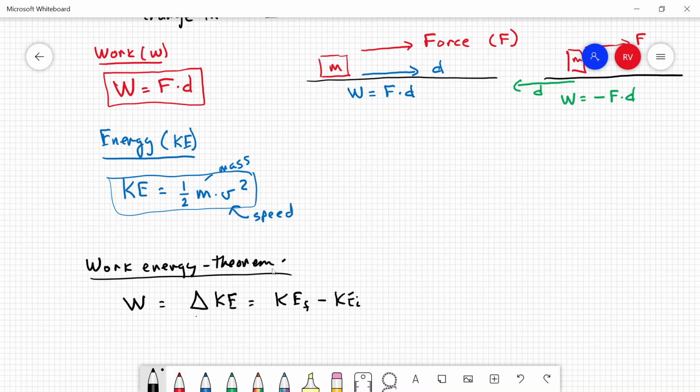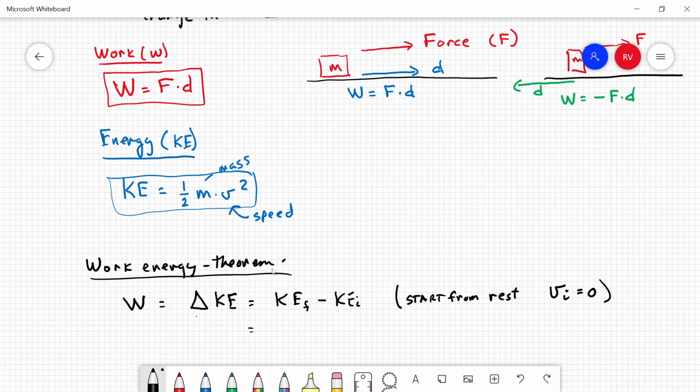Now, in today's experiment, we're going to be careful. We're going to say that we're going to start from rest, which means that our initial speed will be equal to 0. That's what being at rest means.